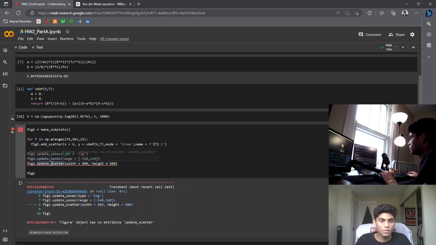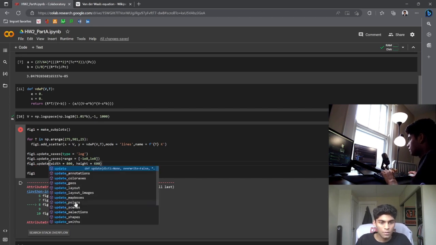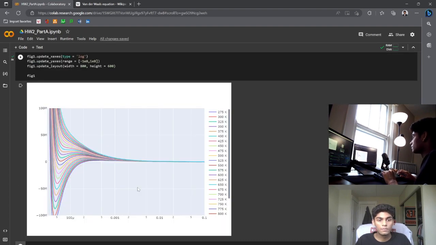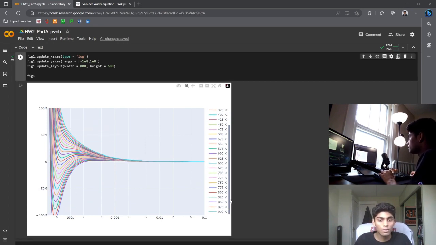How do you do that? Update layout, update layout. Okay, so now we see we have all of our different little lines here from 275 Kelvin to 900 Kelvin.